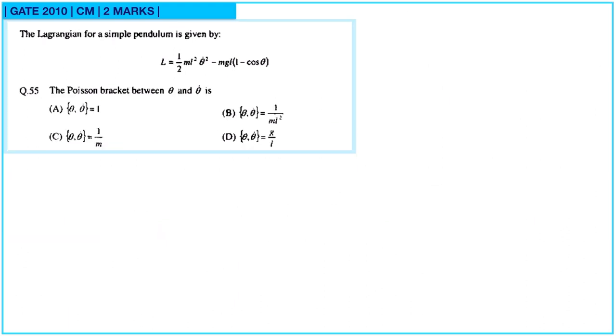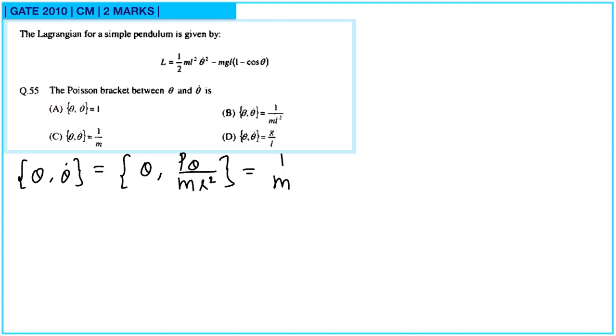Next question. The Poisson bracket between theta and theta dot is, so it is theta, theta dot, and theta dot is p theta upon m l square. So this is equal to 1 by m l square times the bracket of theta and p theta. The corresponding variables are theta and p theta.